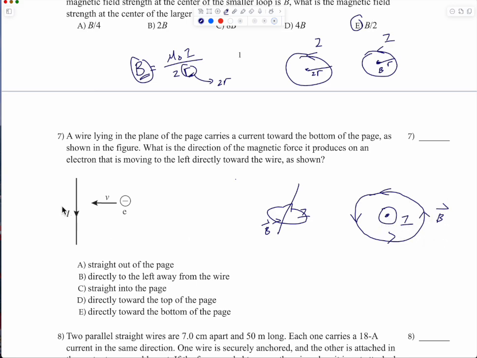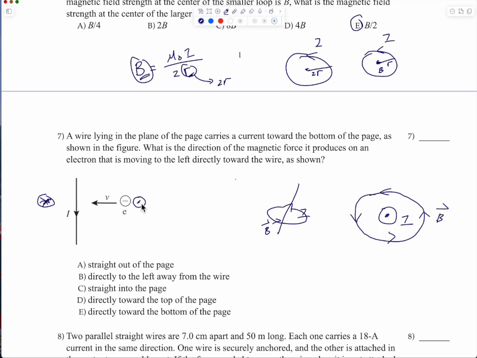In this case, using the right-hand rule, you can tell the magnetic field due to this current at the electron's position will be coming out of the screen. This side of the paper will be getting into the page, and this side will be coming out.